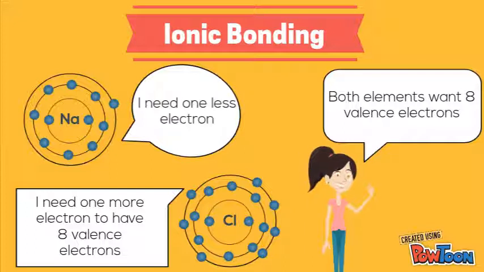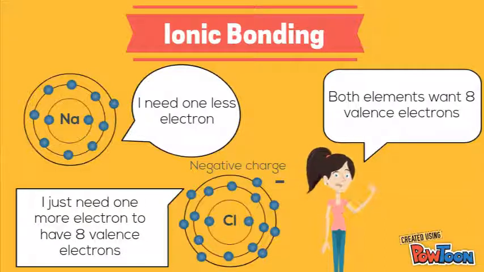electron it has. This means that chlorine is negative since it has 1 less electron to have the perfect amount of electrons, and it means that sodium is positive because it has 1 more electron than the perfect amount of valence electrons.